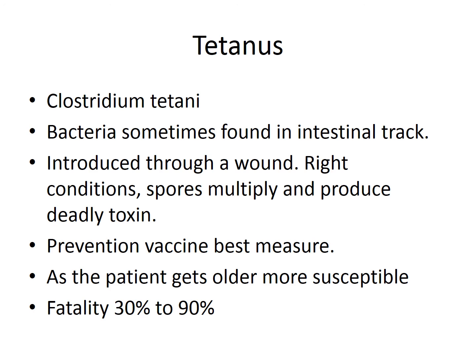So now pretty much all children have their tetanus as part of their infant and toddler vaccinations. And then I believe it's once every 10 years now you are required to have another inoculation. The fatality rate for tetanus is 30 to 90%.